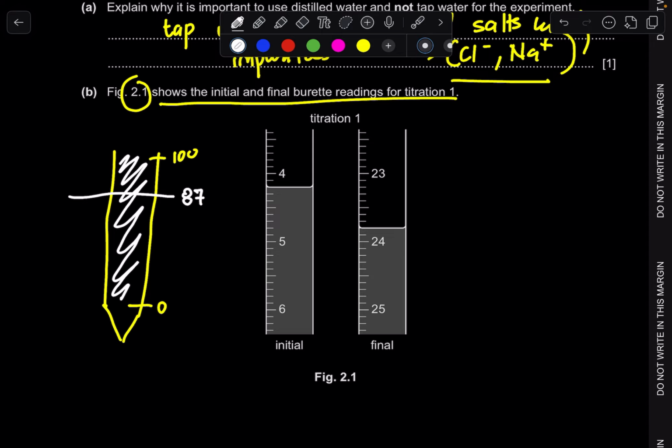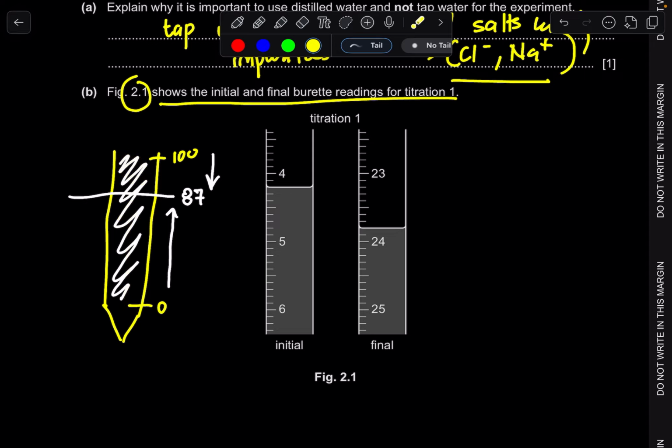So now are you going to read 87 from below, or from above? Think about it. If the level of the mixture falls, you're going to read it from above. Why above? Because you've only used this much, you haven't used this much. That's what you need to understand.